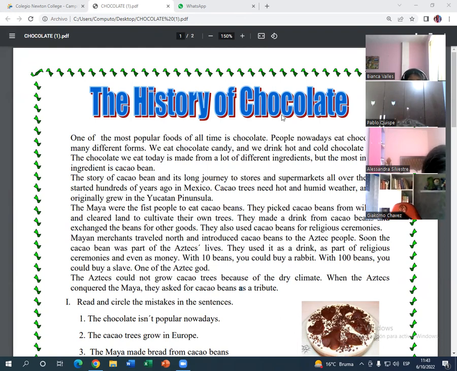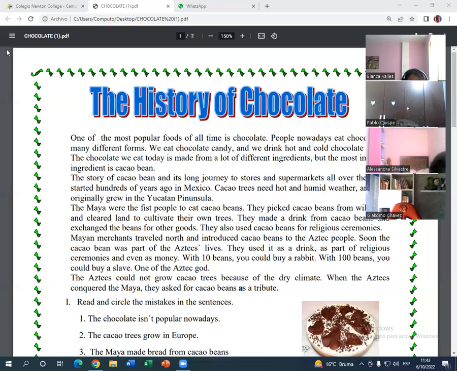The history of cacao bean and its long journey to stores and supermarkets all over the world started hundreds of years ago in Mexico. Cacao trees need hot and humid weather, and they originally grew in the Yucatan Peninsula.